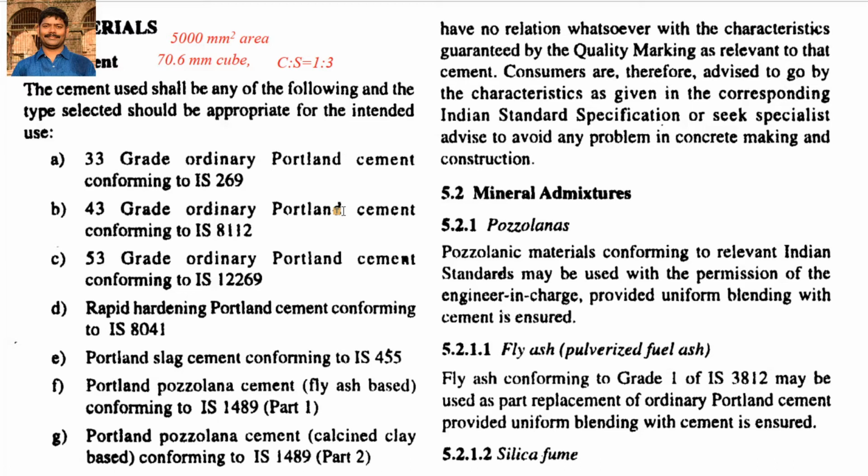So here we add cement and sand in the ratio of 1:3, 200 grams cement, 600 grams sand, and we mix it well. First we do the dry mix properly, and then we add water for proper consistency.